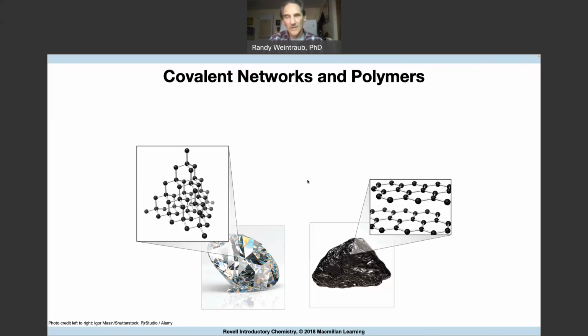The single bonds repeat indefinitely in 3 dimensions, resulting in a rigid structure that is among the hardest and most durable substances known. In graphite, the carbon atoms form trigonal planar geometry, and these atoms are arranged in 2-dimensional sheets that can slide easily among each other, resulting in a slippery substance, as we know, graphite.